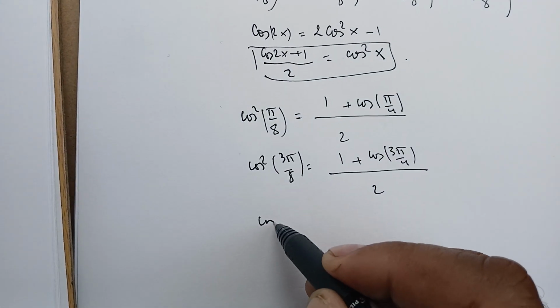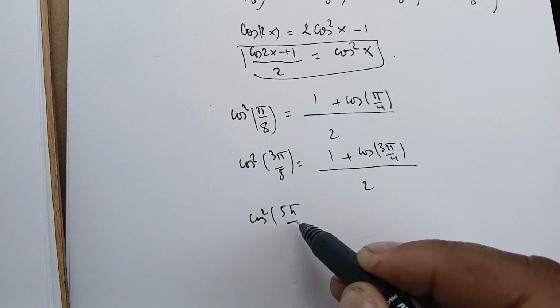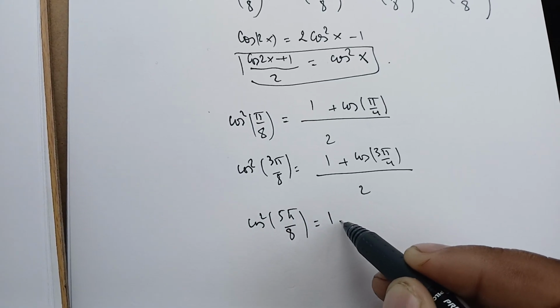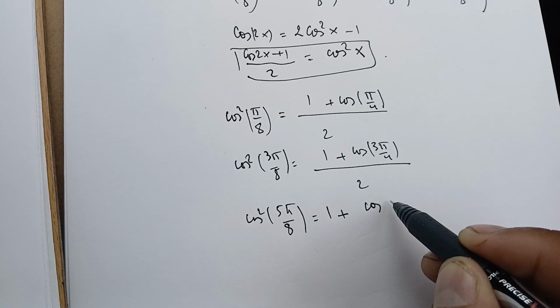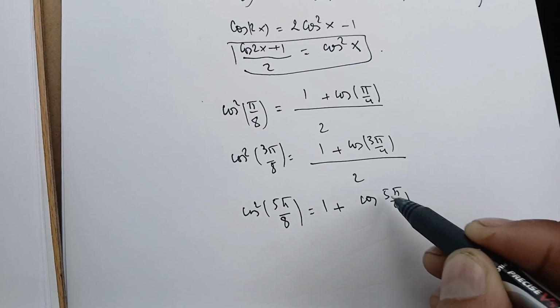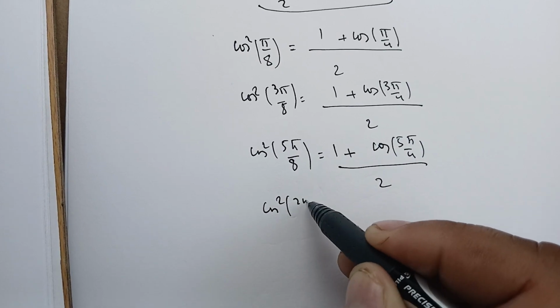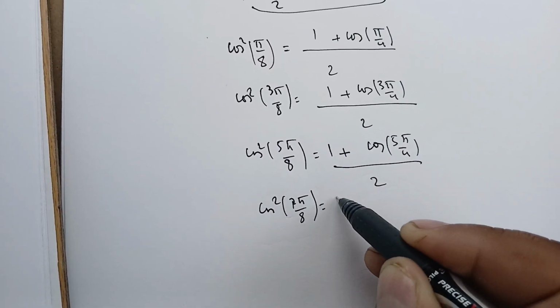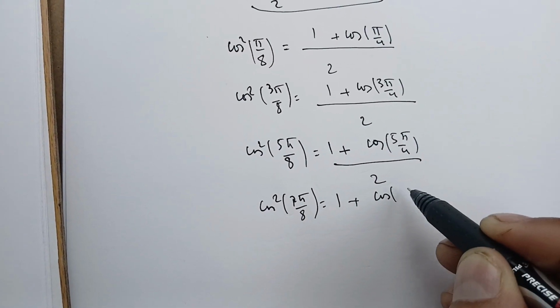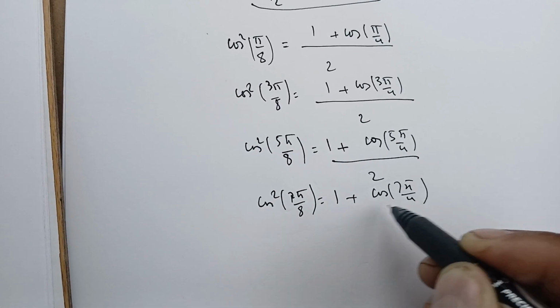The cosine squared of 5 pi over 8 is equal to 1 plus cosine 5 pi over 4 over 2. And the cosine squared of 7 pi over 8 is equal to 1 plus cosine 7 pi over 4 over 2.